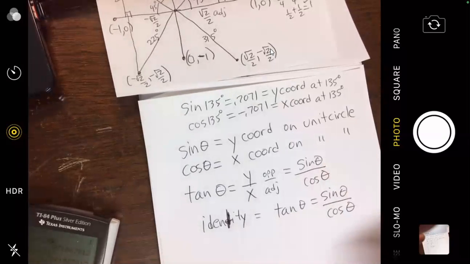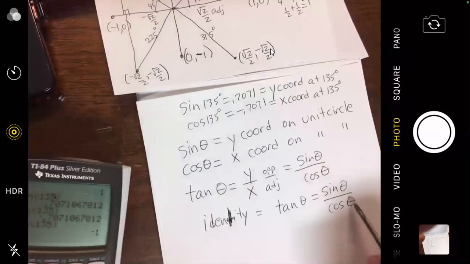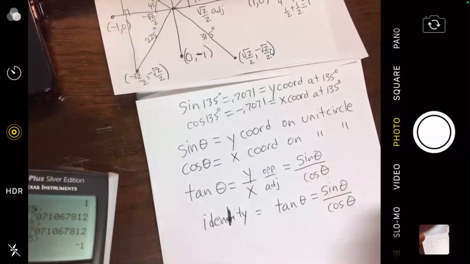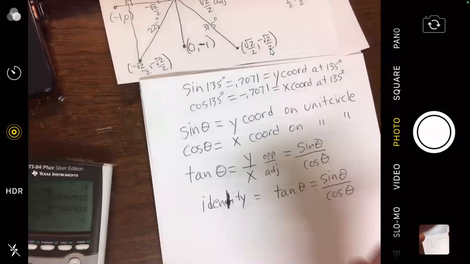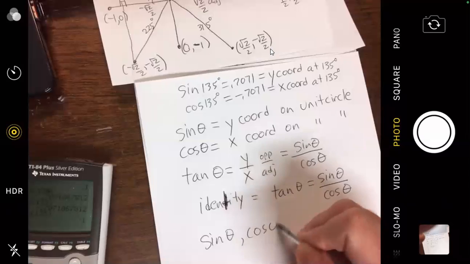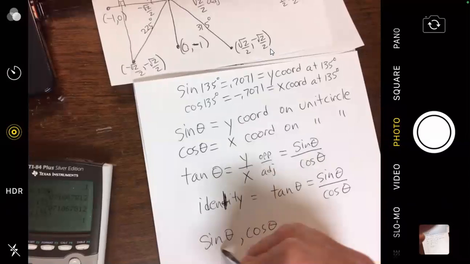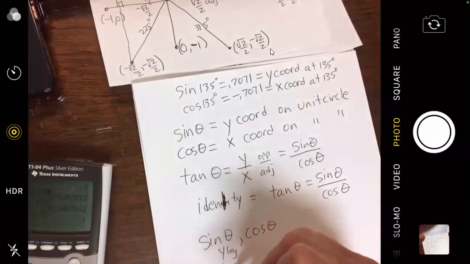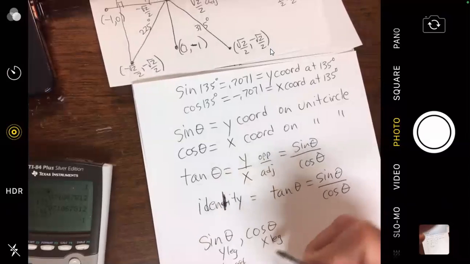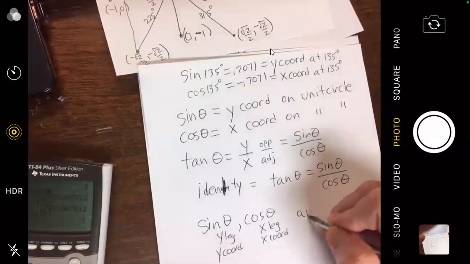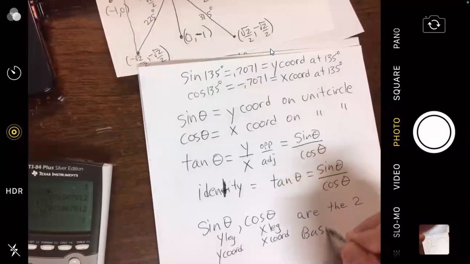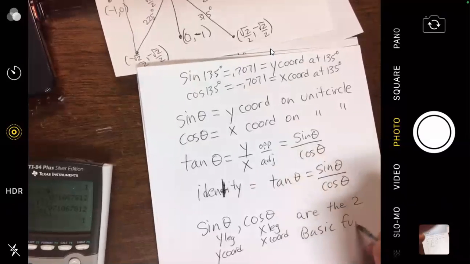Don't even need the tangent button on the calculator. You could do a tangent from going sine divided by cosine. So sine and cosine are the absolute two basic ones. Sine, cosine theta, y leg, y coordinate, x leg, x coordinate are the two basic functions.